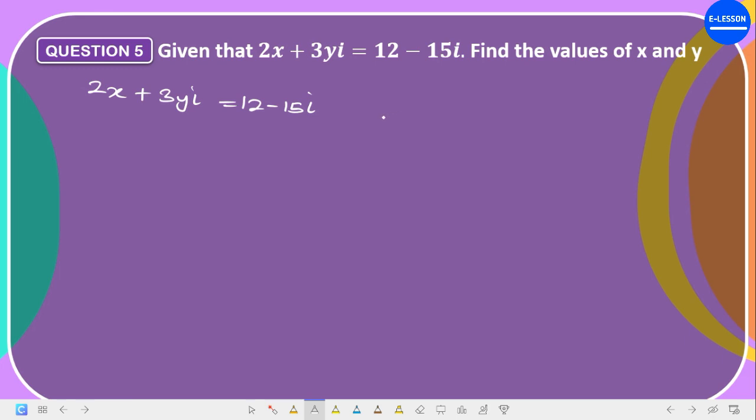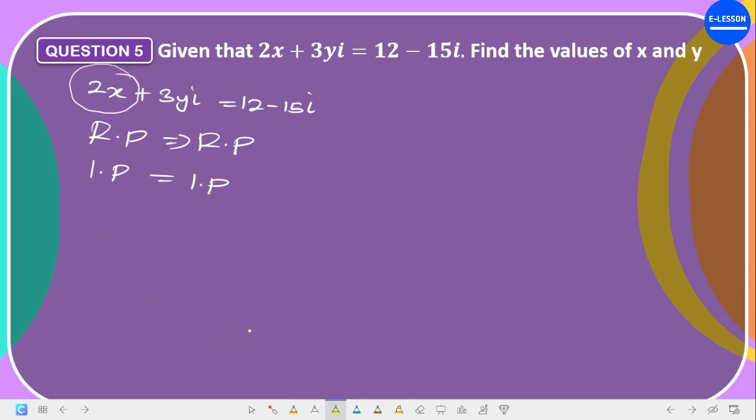Now we said that every complex number contains the real part and the imaginary part. So what you do is equate the real part of the left hand side with the real part of the right hand side, and then equate the imaginary part of this side with the imaginary part of the other side. Which of them is the real part here? The real part is the one not carrying the iota, and in this case the real part here is 2x.